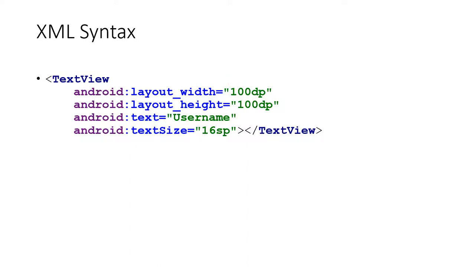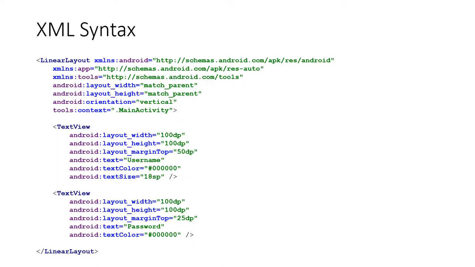So this is another example which shows a linear layout having two text views.